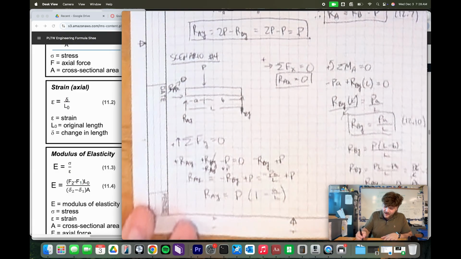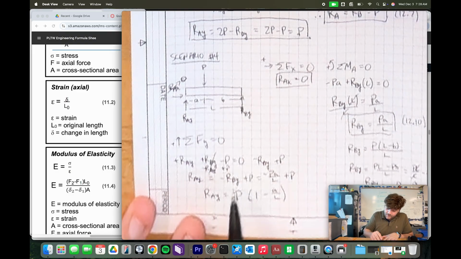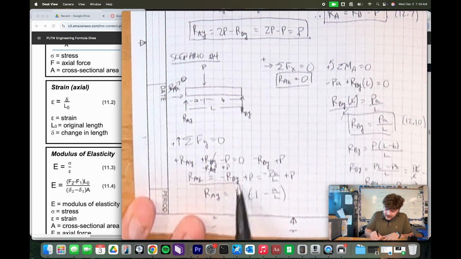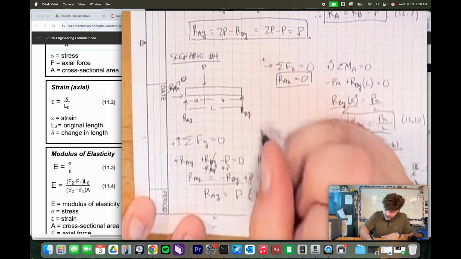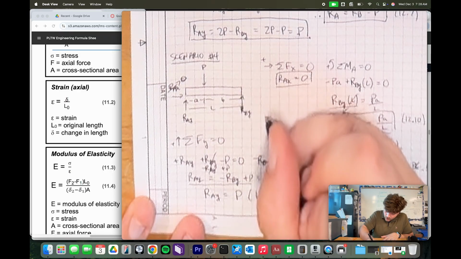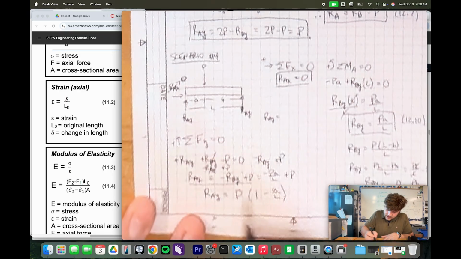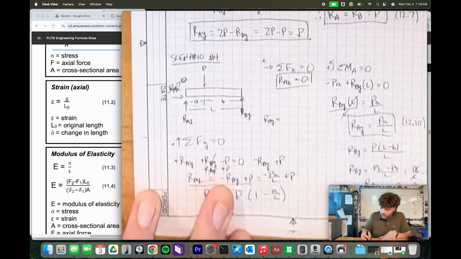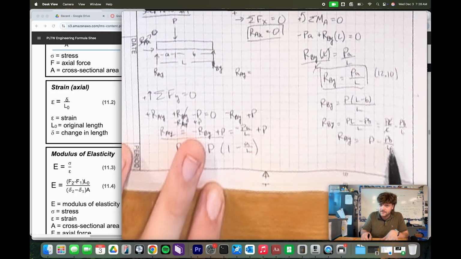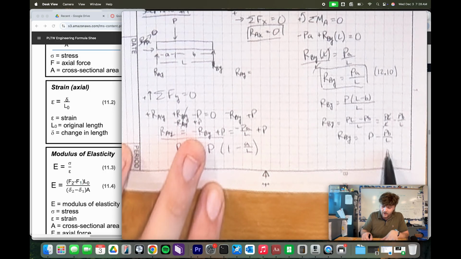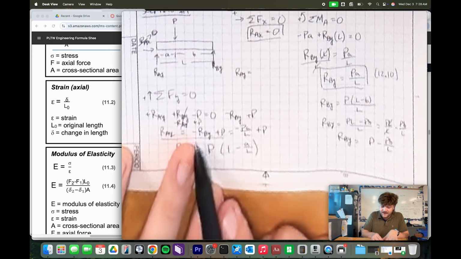And so now, if we go back to just this equation right here that we had, we could plug in RBY into there. So RAY equals now negative RBY. That's these values right here, P minus PB divided by L. So it's going to make all of these negative, right? It's going to basically have a negative that's distributed.